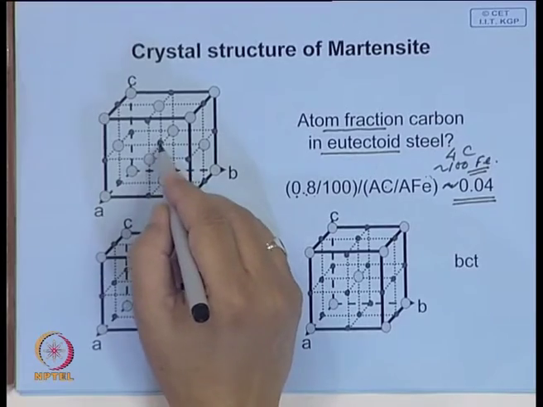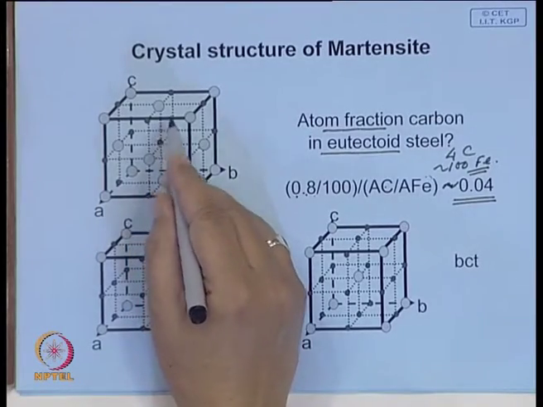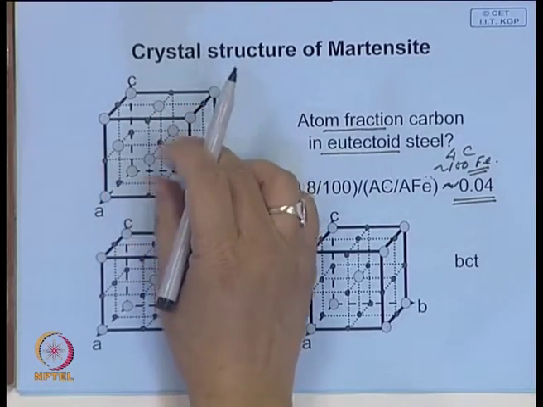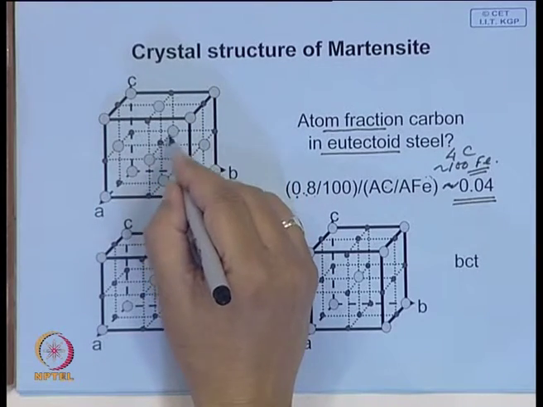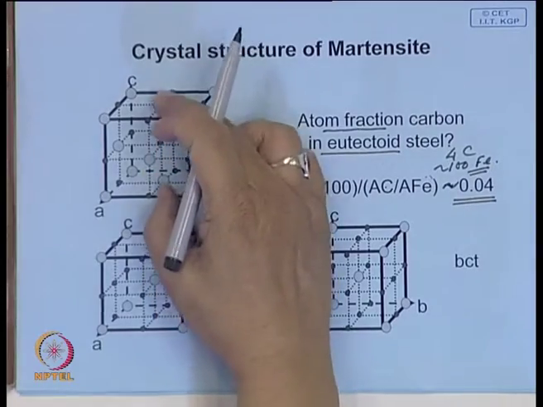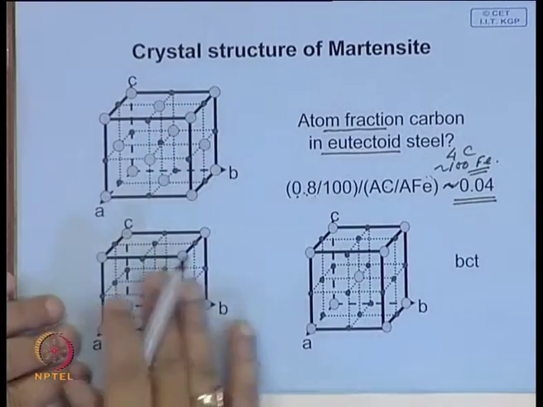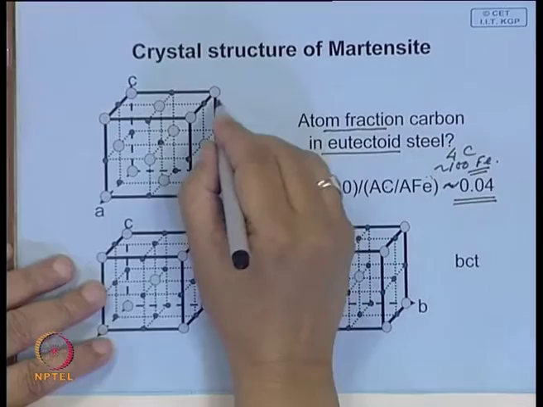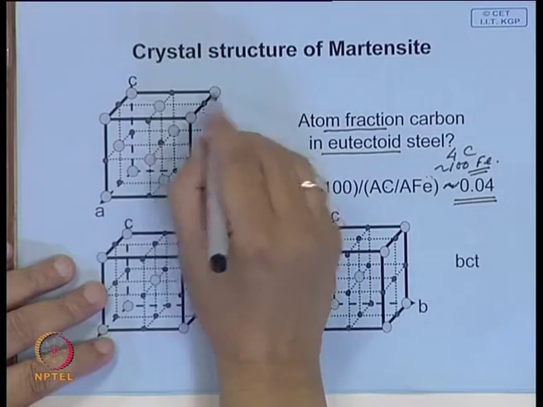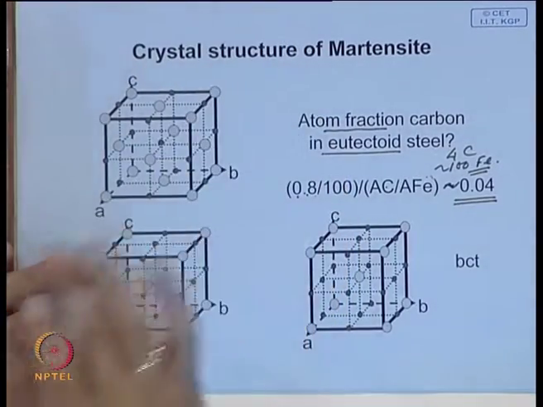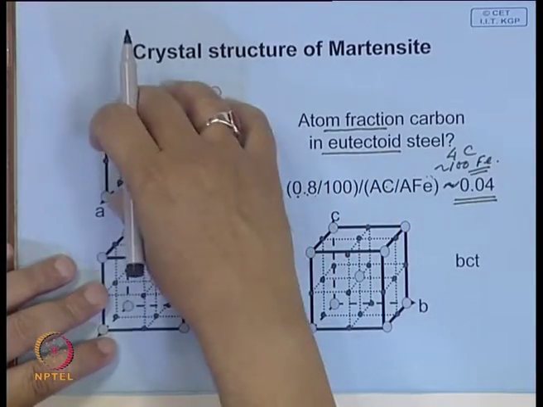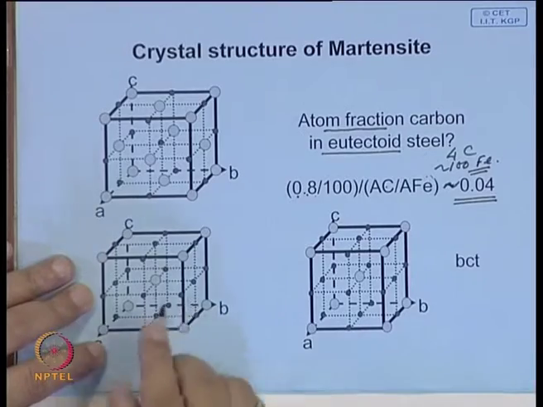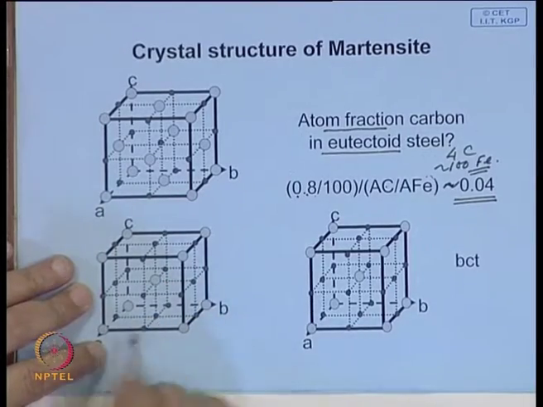And if at all a carbon atom is located here, the lattice will be distorted, no doubt, slightly, but this distortion will be uniform in all directions. So, as the carbon concentration goes up in austenite, its lattice parameter will increase, but the lattice will not be distorted.